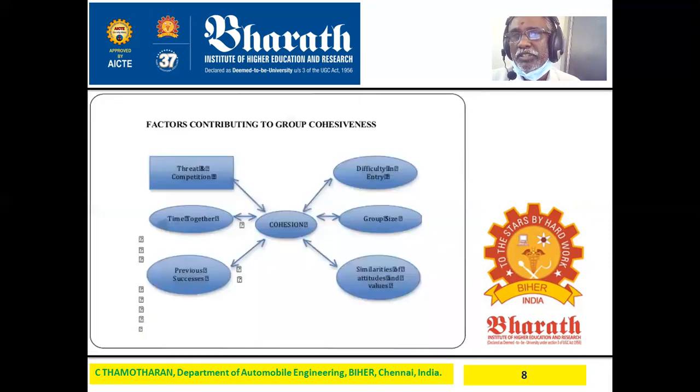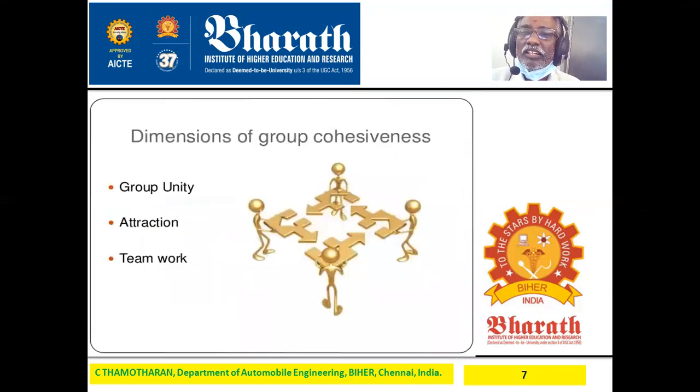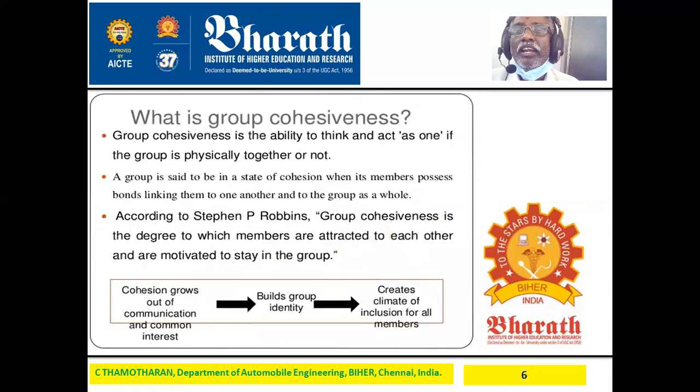And what is decision making, I explained very nicely. And these are definitions of group cohesiveness, and what is cohesiveness, I would have explained very nicely with Stephen Robbins' explanations.